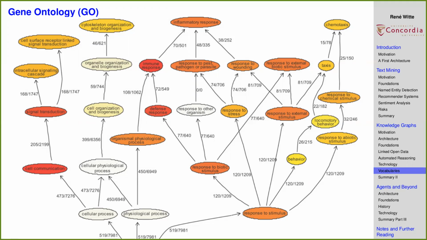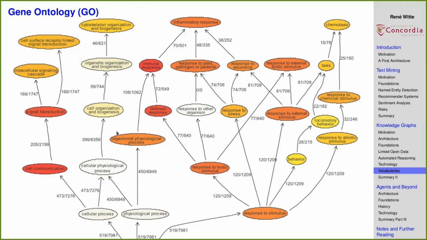These experiments would create way too much data for a human to look at manually. So they started as one of the earliest adopters of these semantic knowledge graph representations. And one example is the gene ontology.